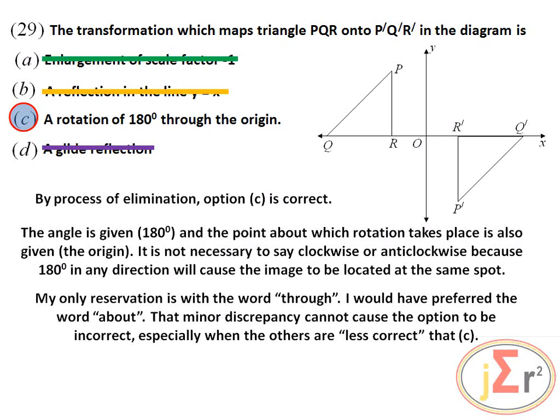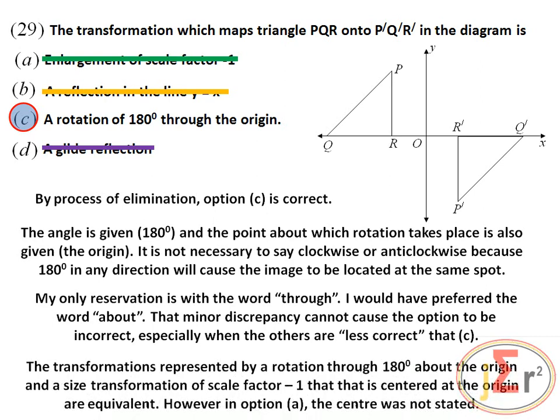That minor discrepancy cannot cause the option to be incorrect, especially when the others are less correct than C. So because they are not, if we may say, as correct as C, then the minor discrepancy is not possible to eliminate C. So C is the correct answer. Irrespective of my preference, I would prefer about, but they say through.